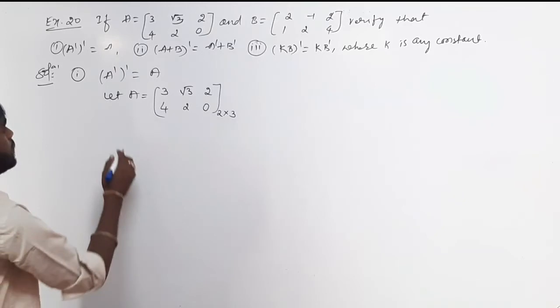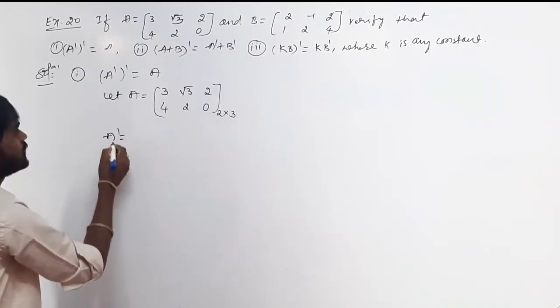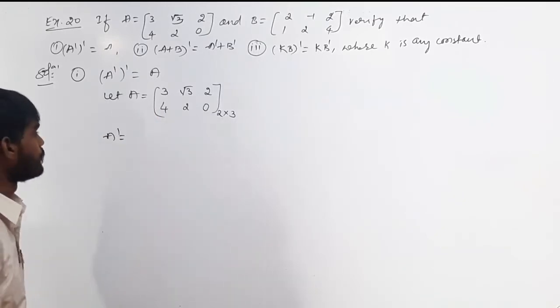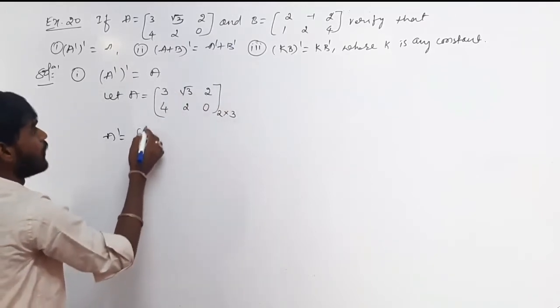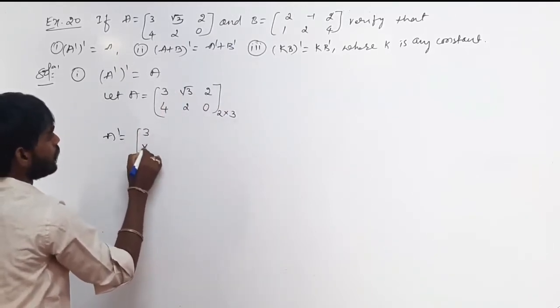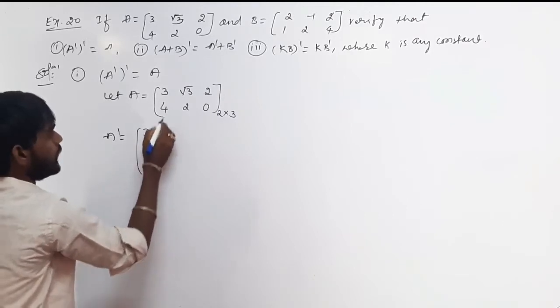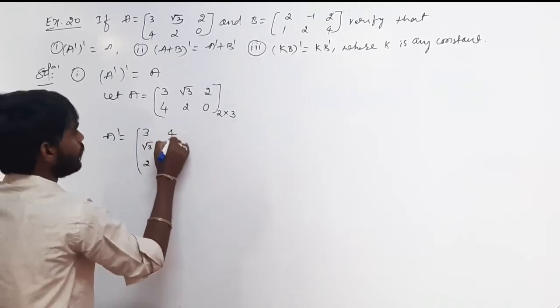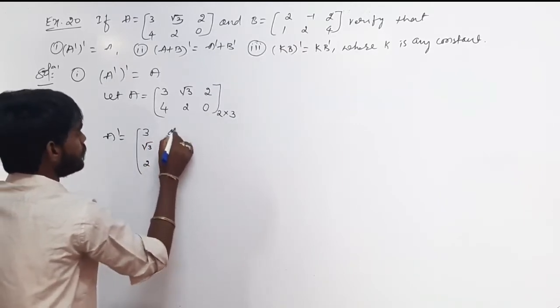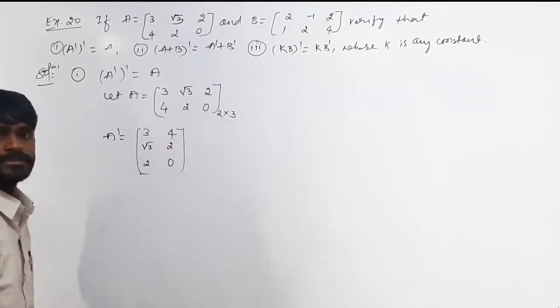Then A dash is the transpose of this matrix, interchanging these rows in terms of columns. 3, root 3, 2. Next, the second row we write in a column, that is 4, 2, 0. This is A dash.